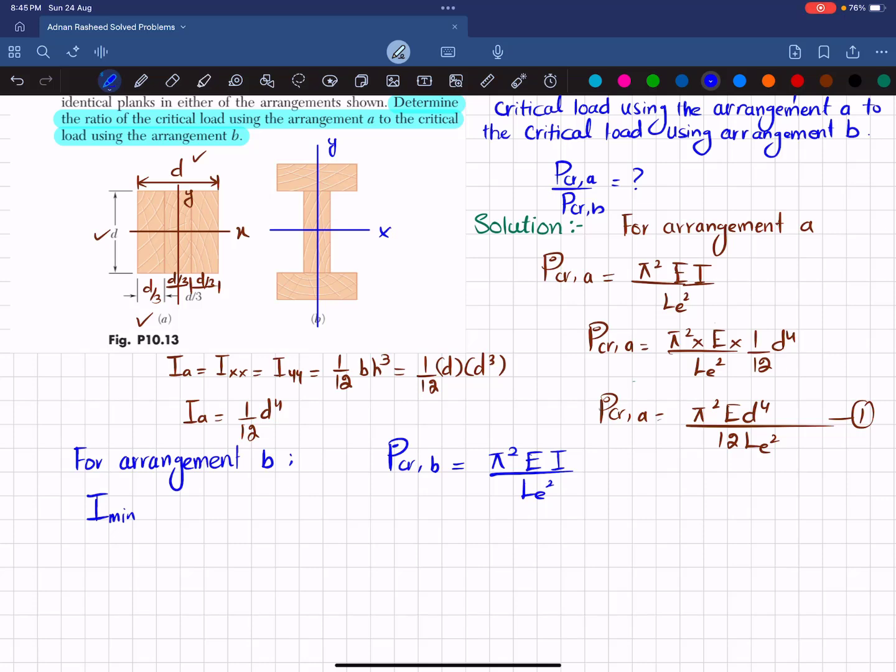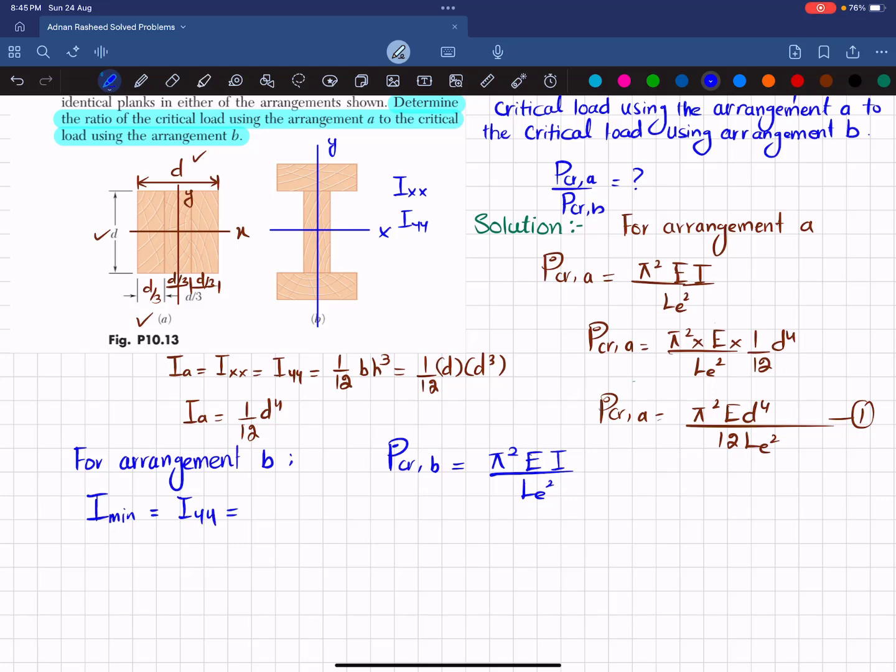Here you have Ixx, the moment of inertia about the x-axis, and Iyy about the y-axis. Since this height is larger compared to the height about the y-axis, Iyy will be minimum. So I minimum is equal to Iyy, and in critical load we use the minimum moment of inertia about the axis. Clear? So here I will find Iyy.